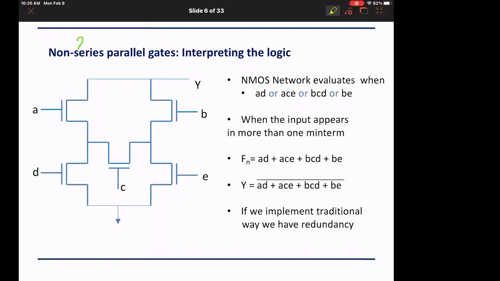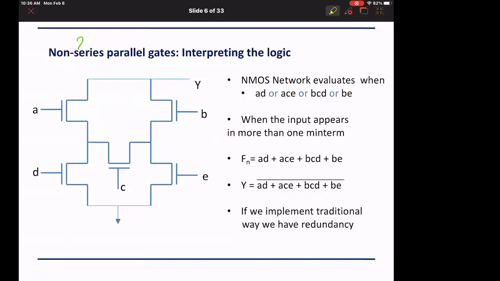So here I have the pull down network drawn for me. How many paths can I have between the output and ground? Show me a possible path which allows me to connect to ground from the output. And I want to write the equation for Y bar.